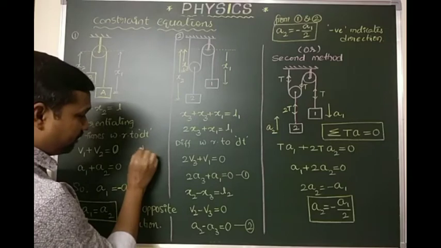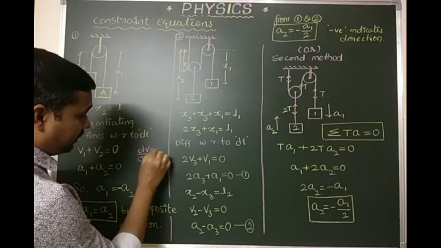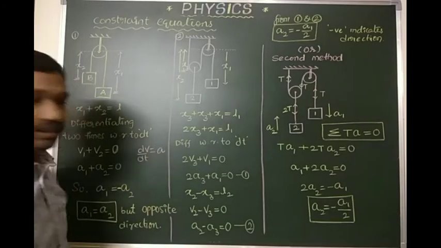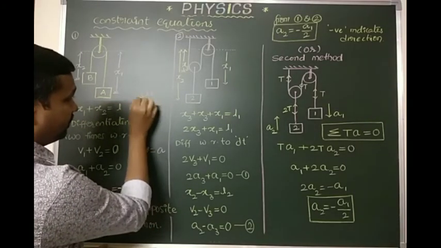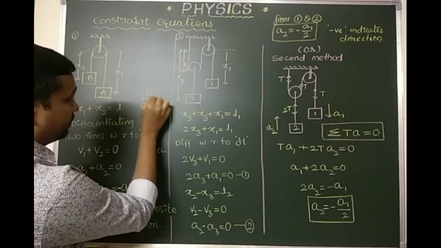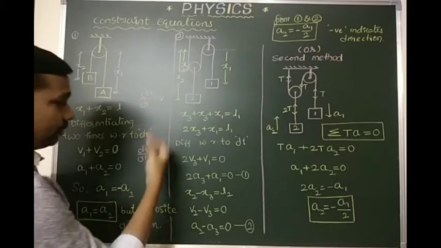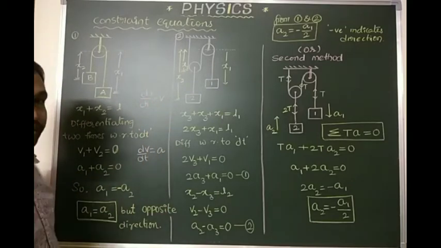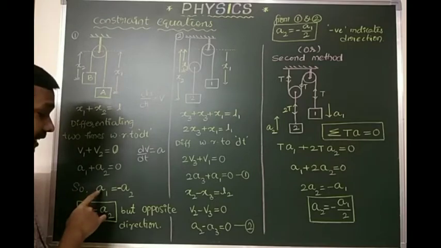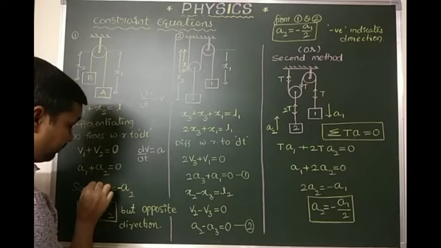We can take dv by dt is equal to acceleration a, and displacement divided by time is velocity. These are the two relations we can consider. So a1 plus a2 is equal to 0, and finally we get a1 equals minus a2. This is the equation we are getting.